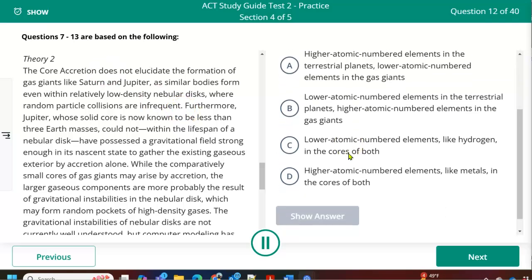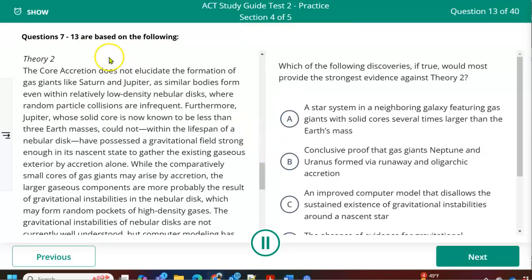What are the other possibilities? Lower atomic number in the terrestrial, higher atomic number in the gas. No, it's the opposite. Lower in the cores of both. No. Higher atomic in the cores of both. No. That's the difference there.